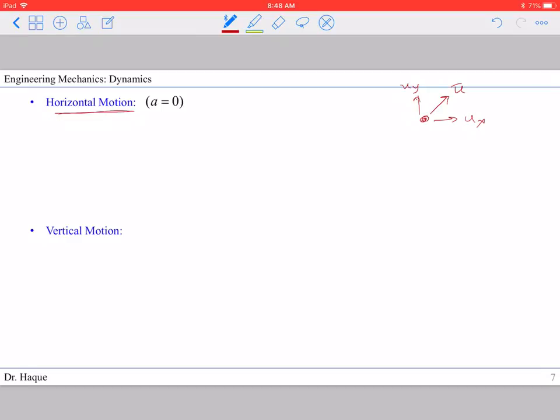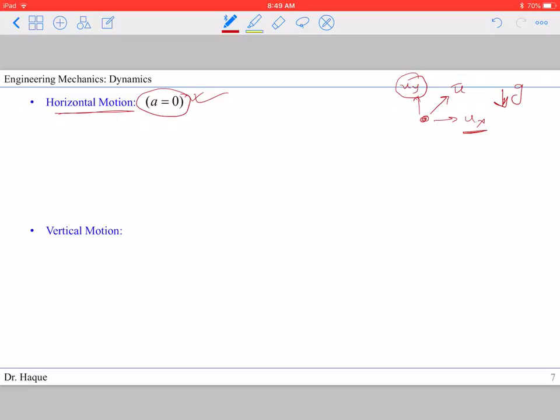For horizontal motion we are considering the horizontal part only, and we will not consider the vertical scenario. We know that the gravitational acceleration works in the y direction, so the acceleration for horizontal motion is 0.